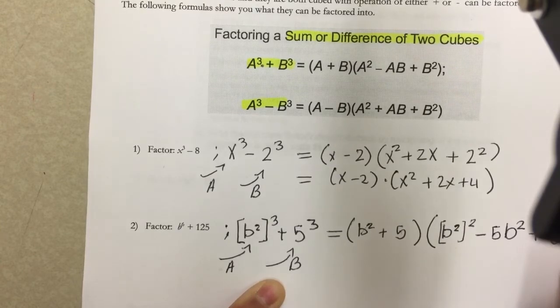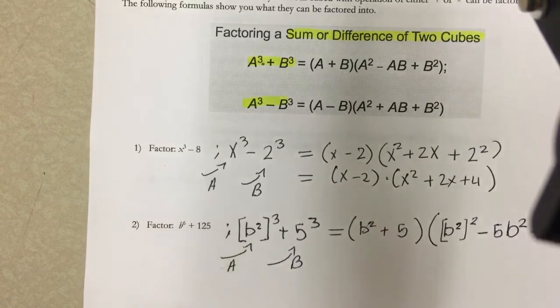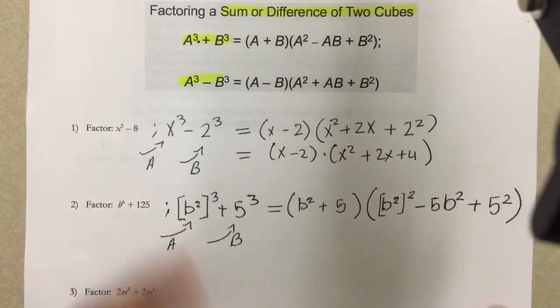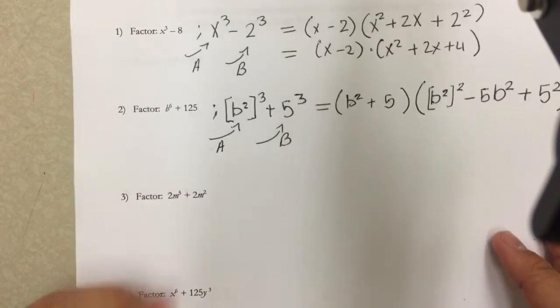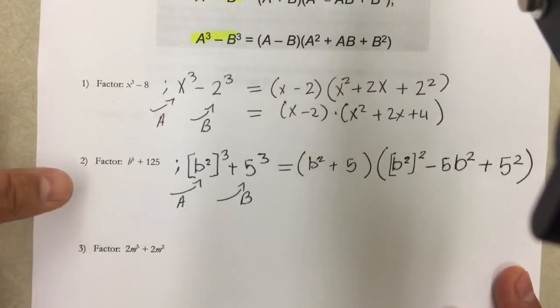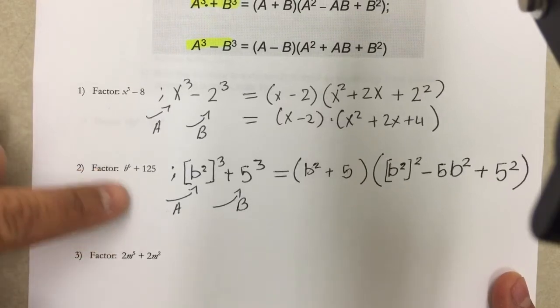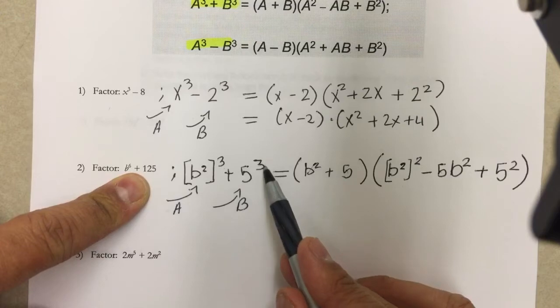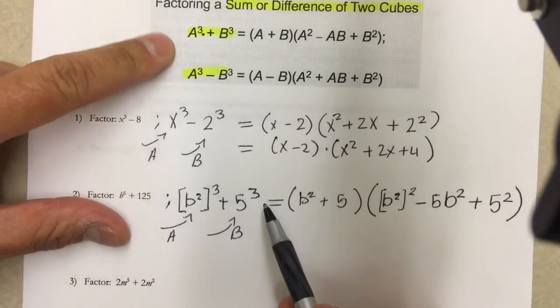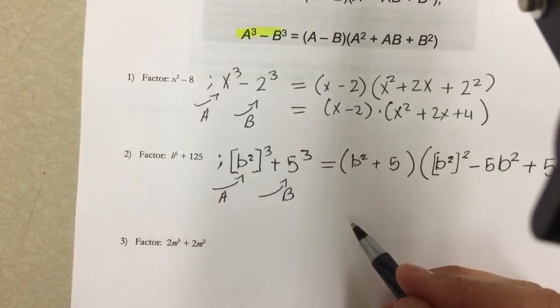And there you go. Sum of cubes. Let's try this guy. So in order to use the formula, make sure you can rewrite the problem as something cubed, and then you apply one of these two formulas.